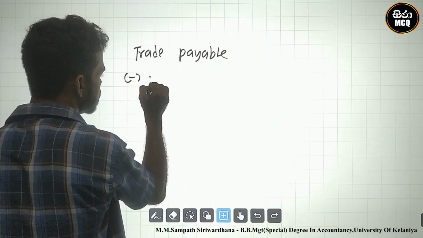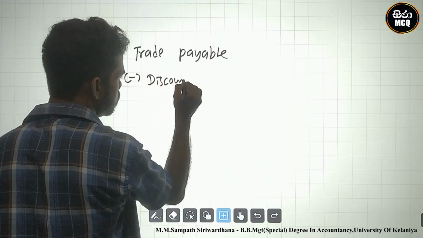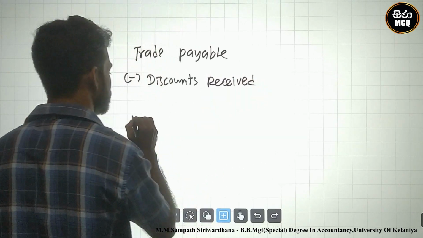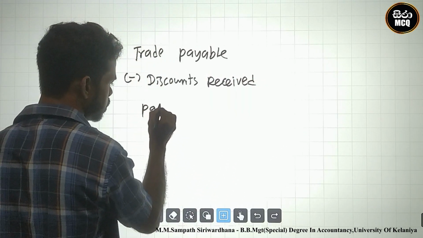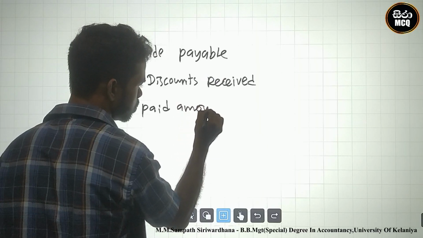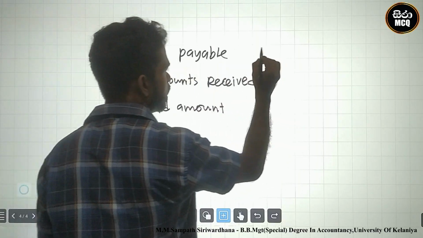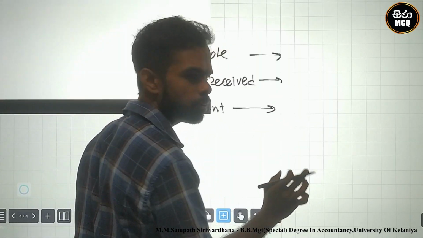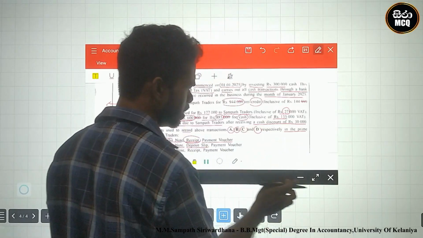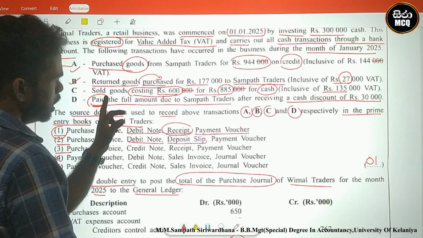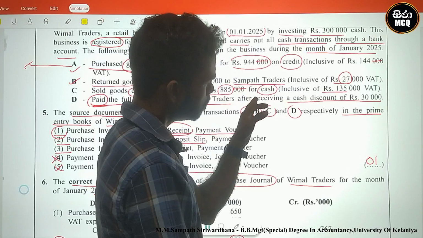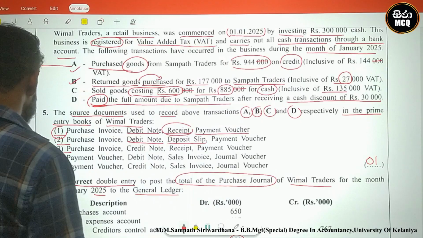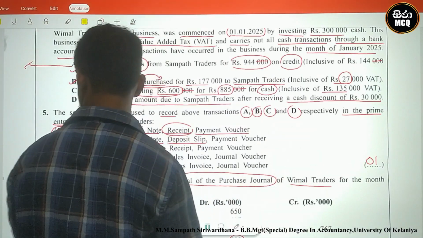After that, we must deduct discounts received, and we can identify the paid amount. At this time, we must identify the payable amount and easily identify the discount amount. Paid the full amount after receiving cash discount means discount received 30,000.